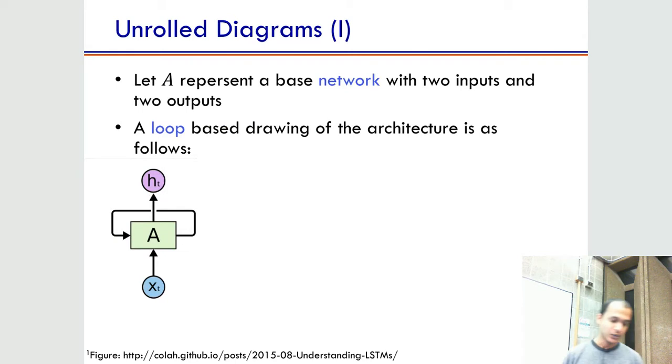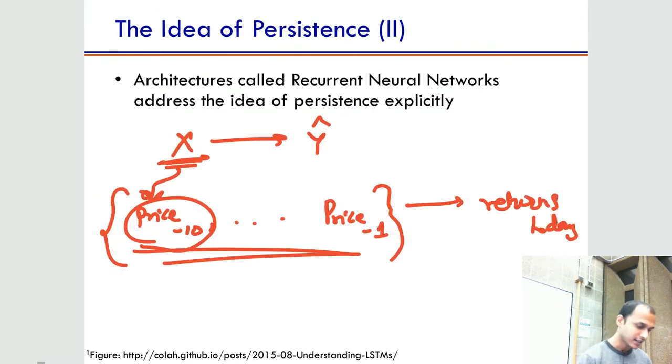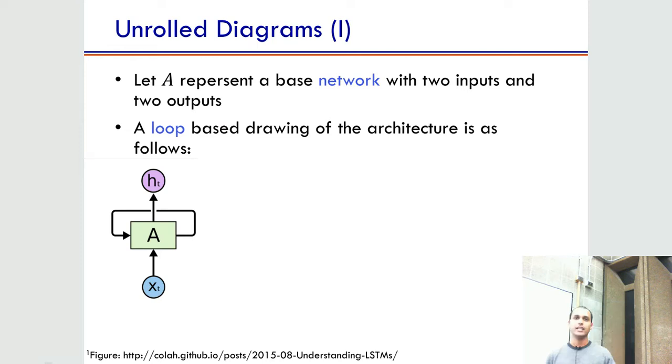So what is the RNN architecture? It's basically start with a base network, like a feed-forward network. In this case, what we'll do is start with a network that will have an input and an output, but we'll break that input and output into two parts. So it's as good as saying I have two inputs and two outputs, right? I can just break a vector into two parts and then say this is input one and input two, right? I can do that.